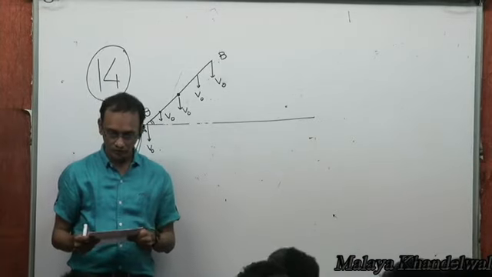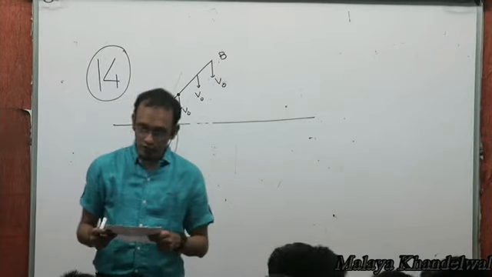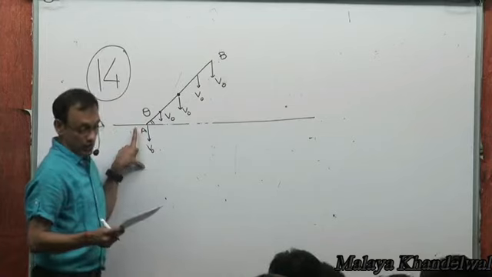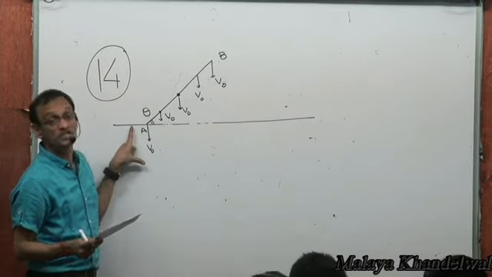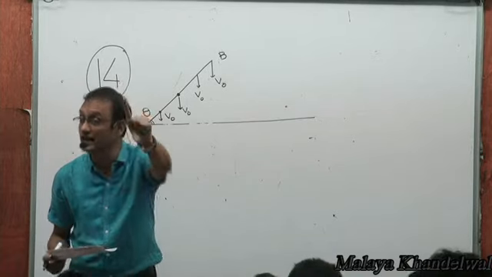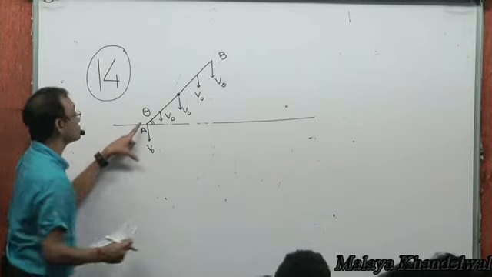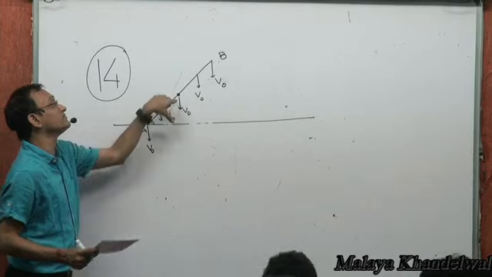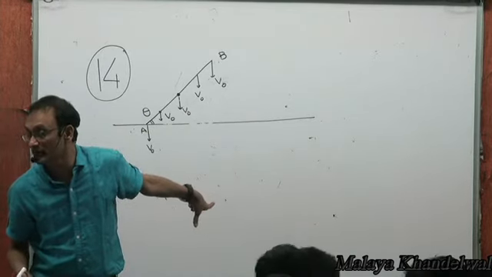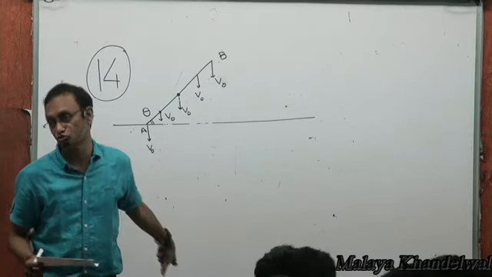We want to find this angle theta such that after impact with the ground, which is given to be a perfectly elastic impact, it develops an omega, which is the maximum it could be. Clear?